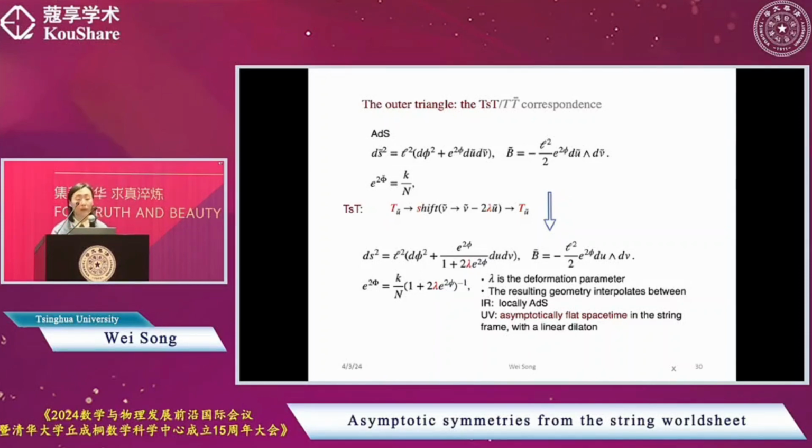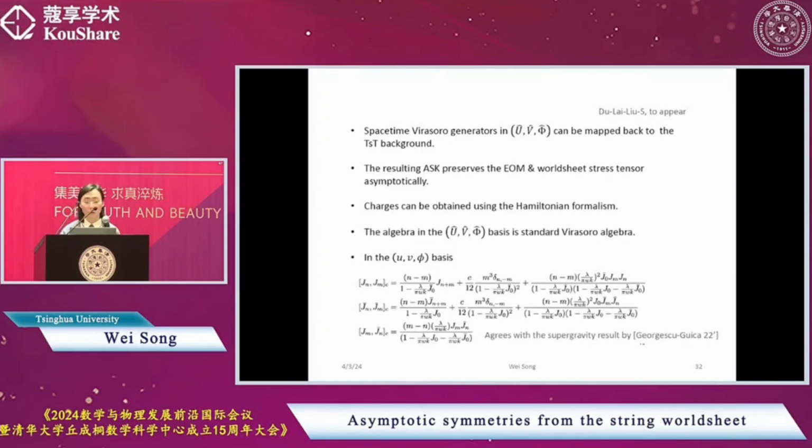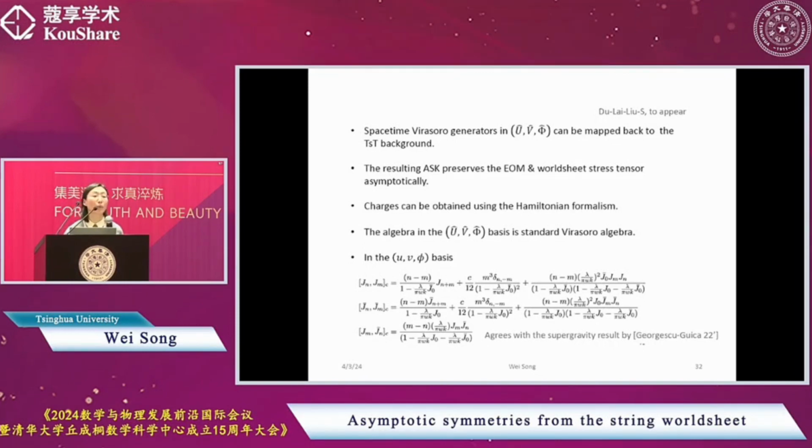And this is really a holographic duality that goes beyond AdS/CFT. And the same analysis will lead us to some asymptotic Killing vectors and these charges. We found some very non-local algebra, and it is compatible with earlier results.